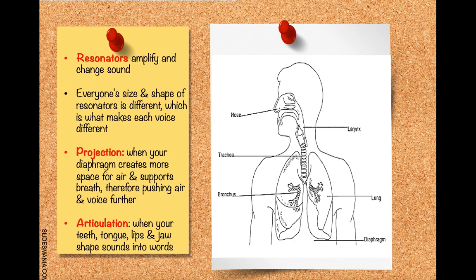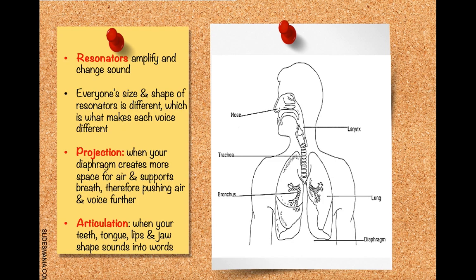B, that's your lips. C, that's your tongue. D, that's more of your tongue and your teeth, I would say. E, I think your lips. F, that's your lips again.